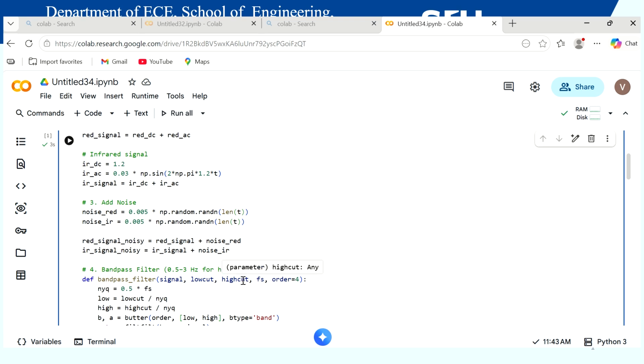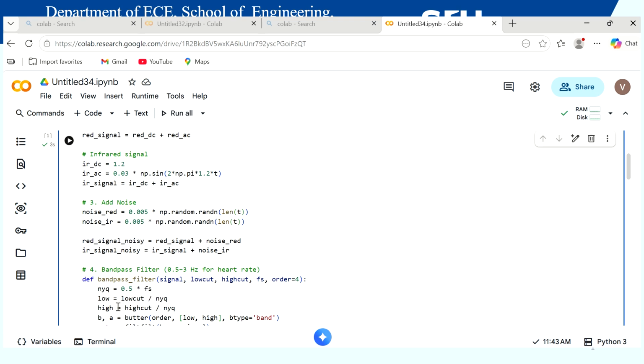And inside this function, nyq = 0.5 * fs. So the Nyquist frequency is equal to half of the sampling frequency Fs. Already we have assumed Fs is equal to 100, so 100 by 2 is equal to 50 Hz.